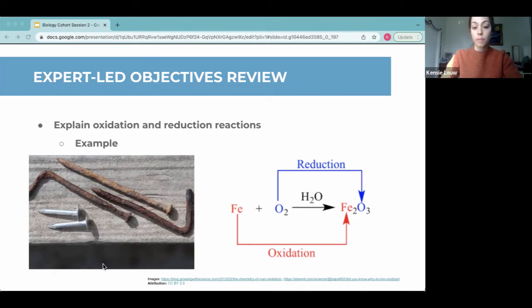This forms a new compound on the nail called iron oxide, aka rust. And a redox reaction occurred. The iron, whose chemical symbol is Fe, lost electrons, so it was oxidized, and the oxygen, whose chemical symbol is O2, was reduced, so it gained electrons.